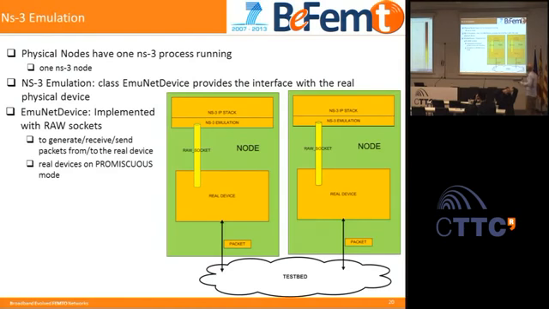And also, when an NS3 node has to perform routing decisions and forward packets, the packet enters this pipe and goes over the testbed through the real device.